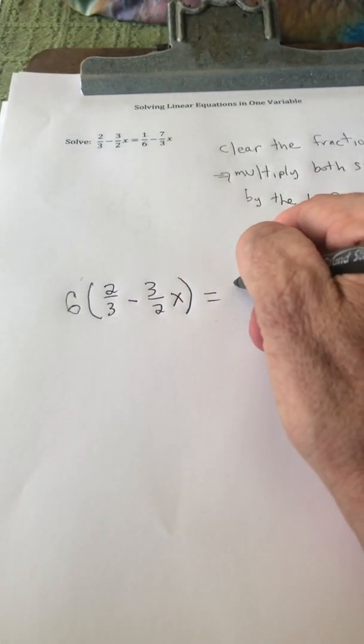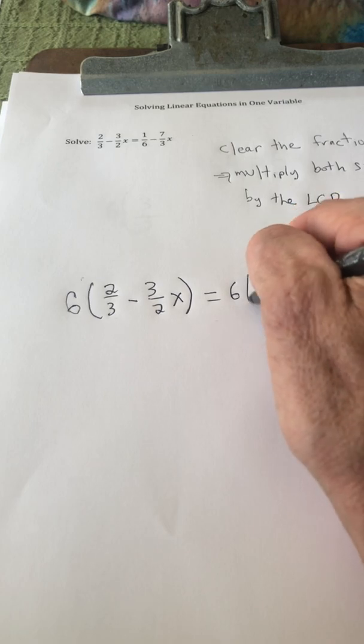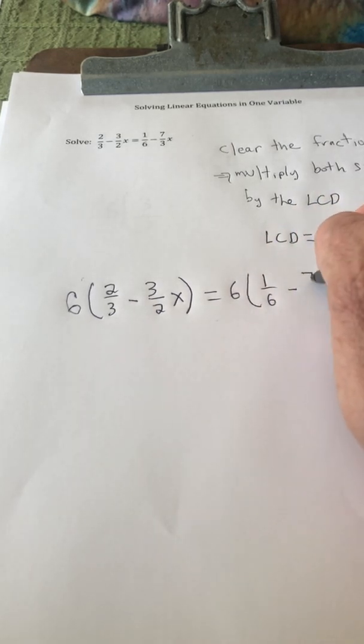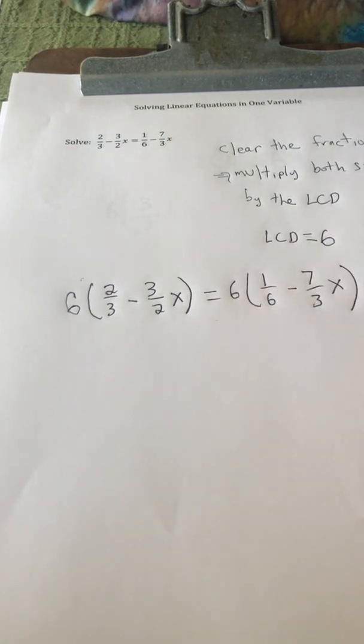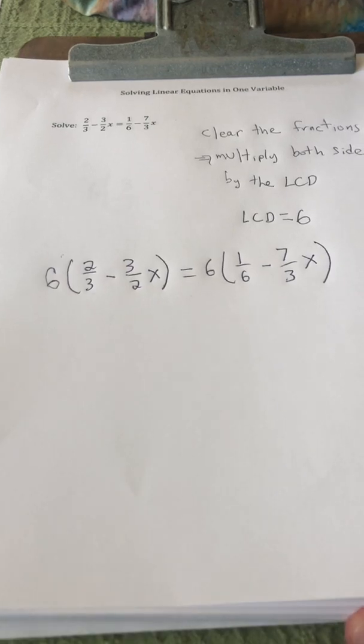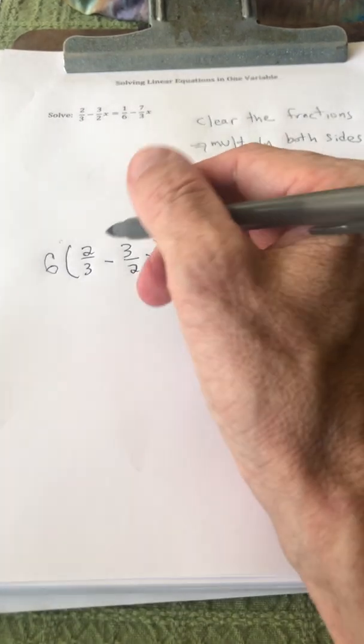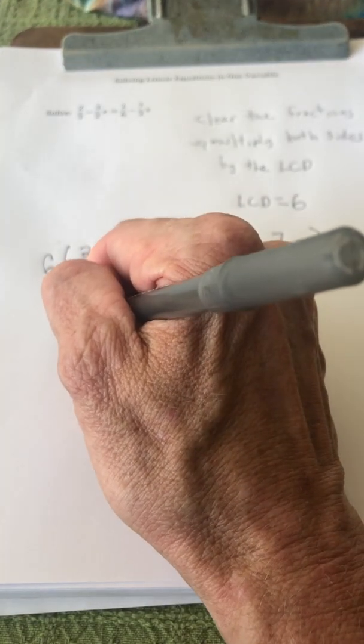And on the right-hand side, we have 6 times 1/6 minus 7/3 x. So remember that 6 is the same thing as 6/1. So if it's helpful to write it as 6/1, you can do that.